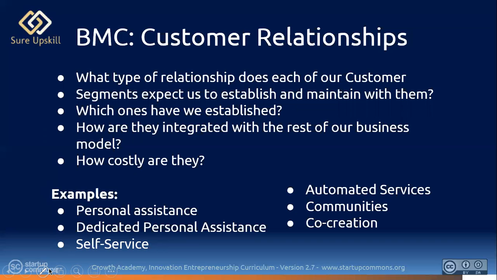How are they integrated with the rest of our business model, and how costly are they for the customer, more importantly, than for us? Examples of this are personal assistance, dedicated personal assistance, self-service, automated services, community connects, co-creation of the design with the customer.